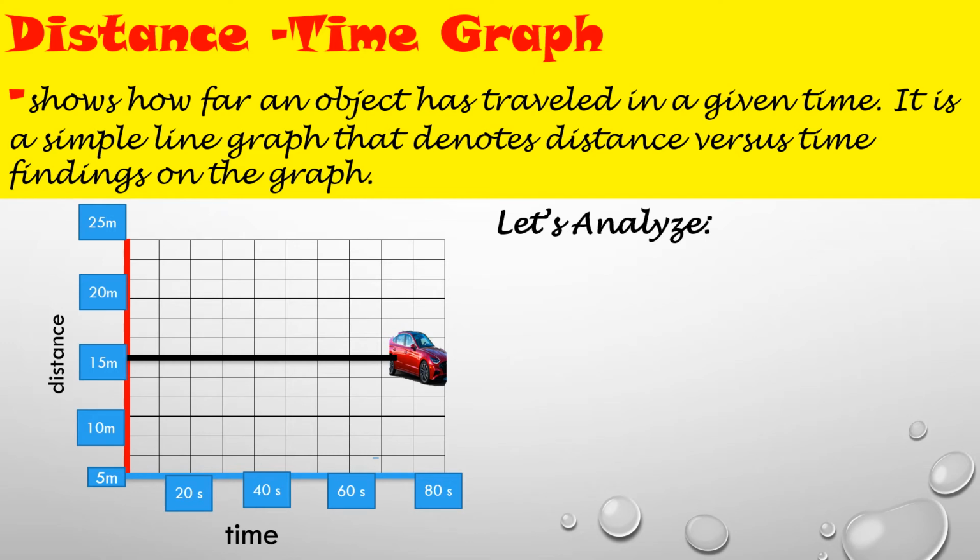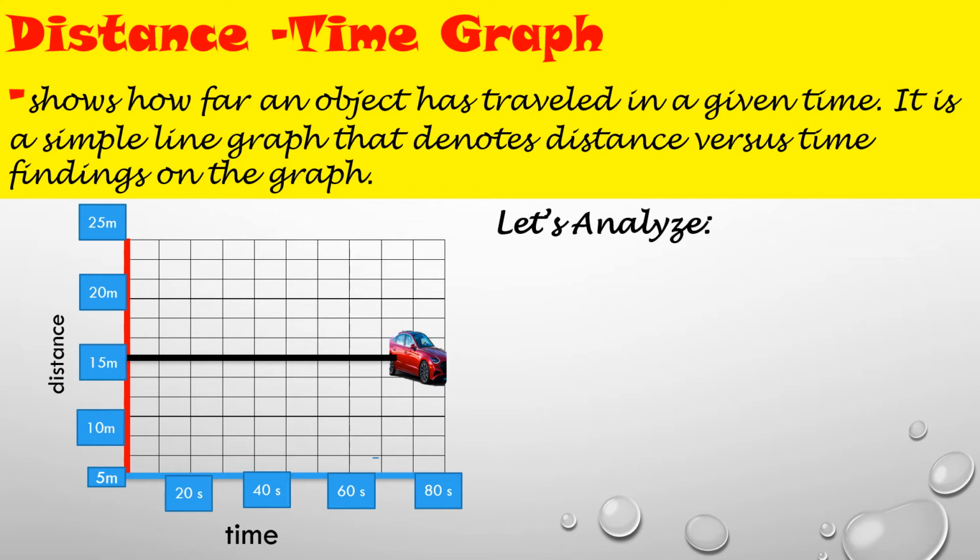Kung siya ba ay mabagal? Through looking at the graph. Kaya nga our topic is all about graphical representation of the motion. By simply looking at the graph, we can identify if the object is moving slowly, if the object is not moving at all, if the object is accelerating or mabilis, or decelerating.